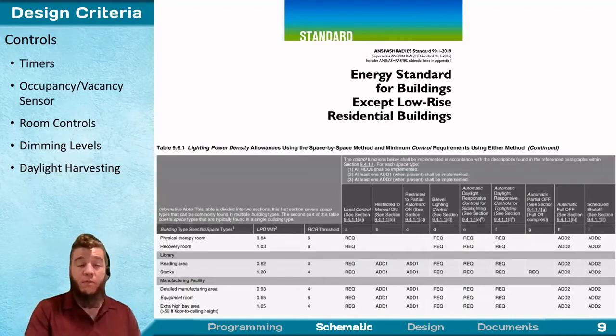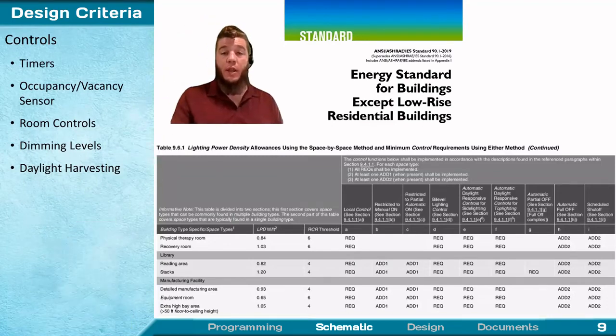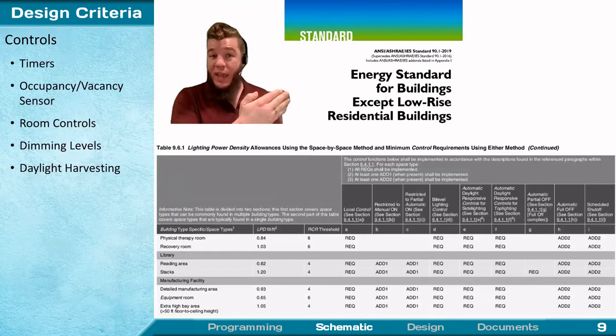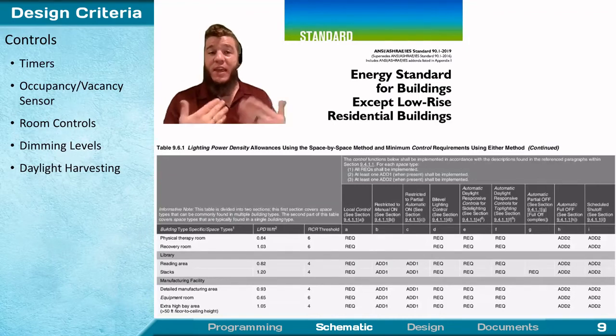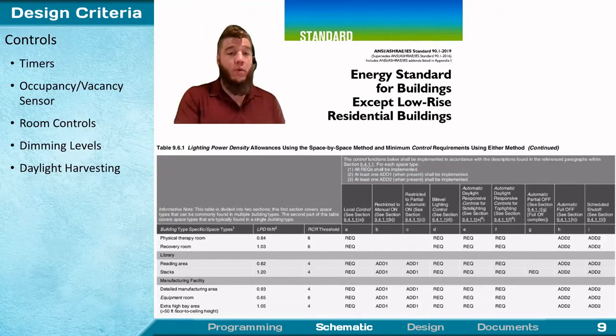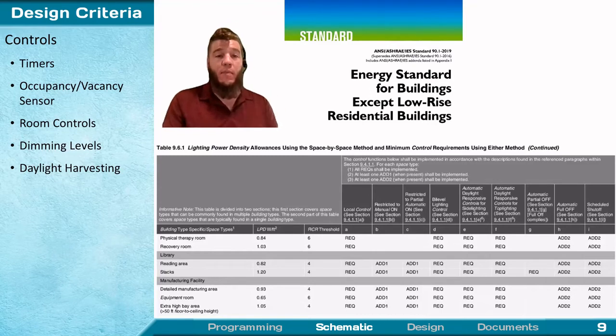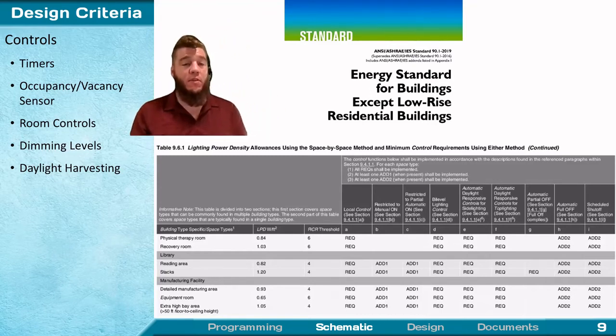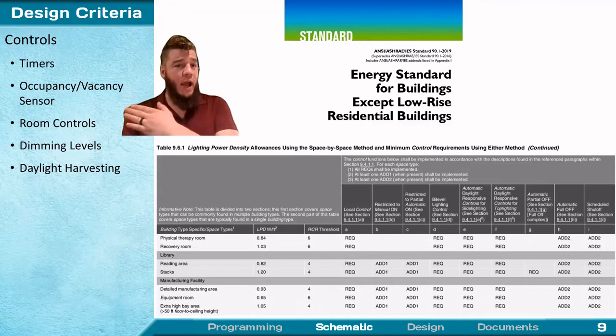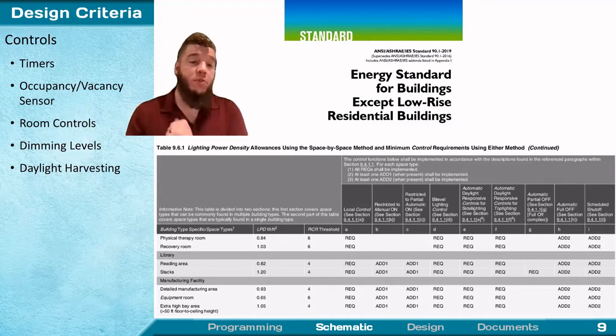The other design criteria for your project is going to come from ASHRAE 90.1, which is an energy standard. So that's going to set limits on what we can use. Now, an aspect that is going to be a smaller piece of your project is the controls requirements in ASHRAE 90.1.